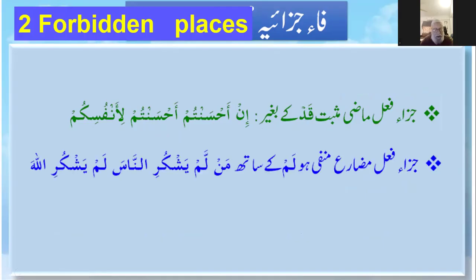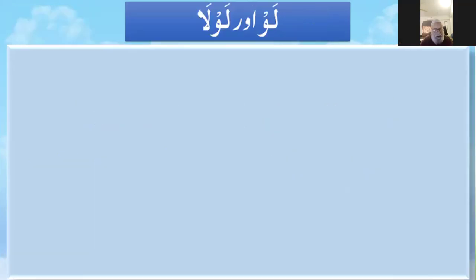Second, jaza fi'l mudari manfi with lam. When the lam is coming with the mudari, you know it takes the meaning of past and negation. Just like man lam yashkur an-nas lam yashkurillah. This yashkur is a mudari, lam is coming, so taking the meaning to the past. So no fa is used, or fa is not required. It's rather forbidden.